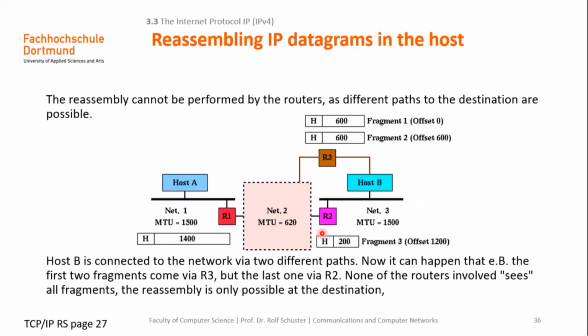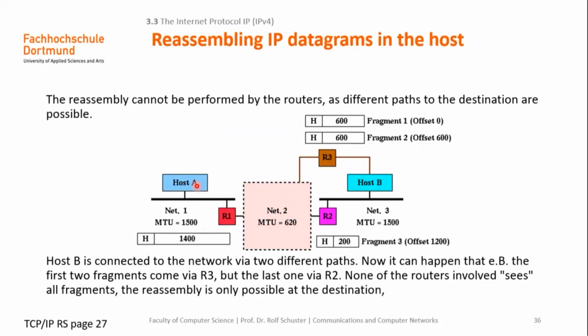In this case, for instance, we could see a scenario where two routes are possible to reach host B. Then this router could perform some kind of load balancing.